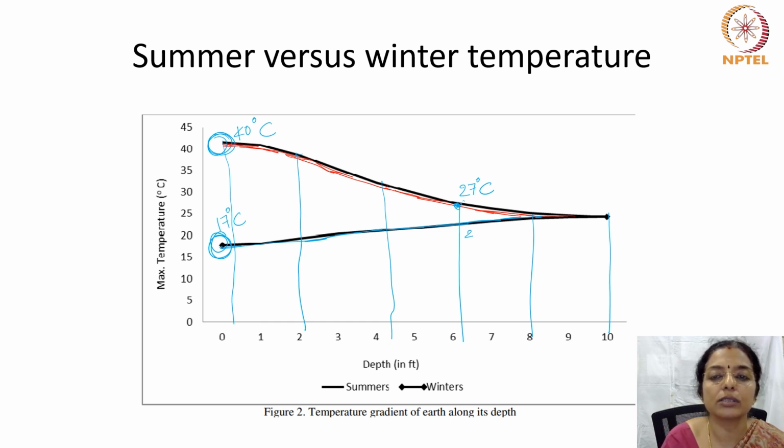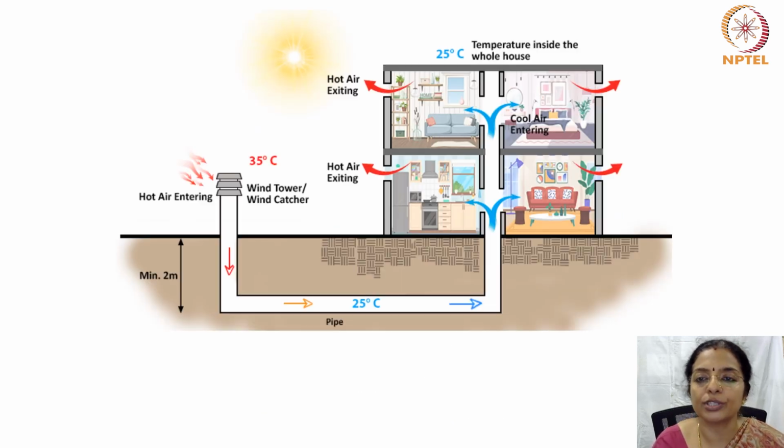So the temperature of the soil at a depth of 6 feet during summer is approximately 30 degrees centigrade, and during winter it is about 22 degrees centigrade. However, you can find that at a depth of 10 feet, whether it is summer or winter, the temperature remains the same. This is the principle that is used in this kind of advanced passive technique, which is the earth air tunnel.